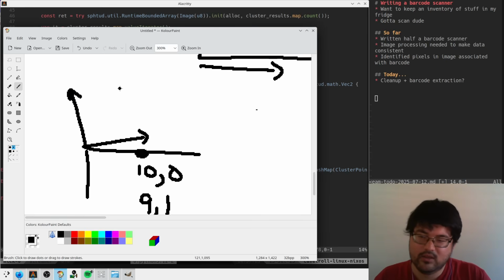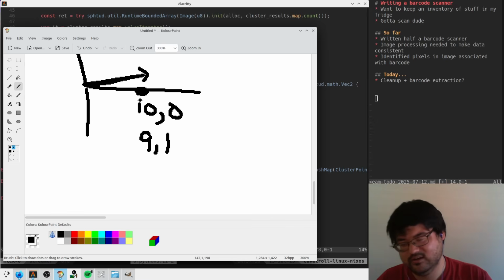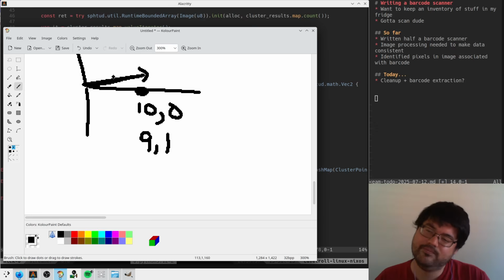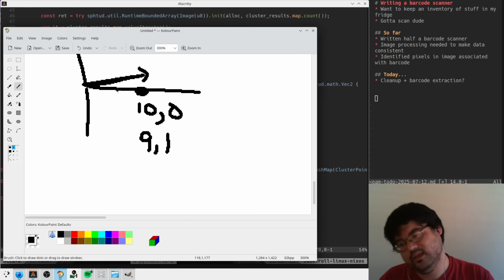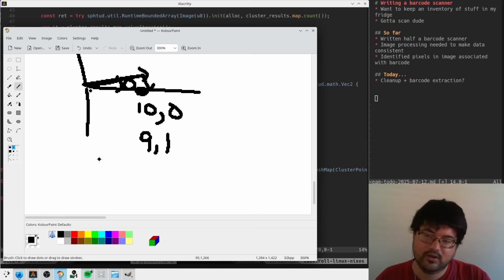Right? Because he's below this x-axis. Which means that his x value is the cosine of this angle, and sine of that angle gives him the y position.